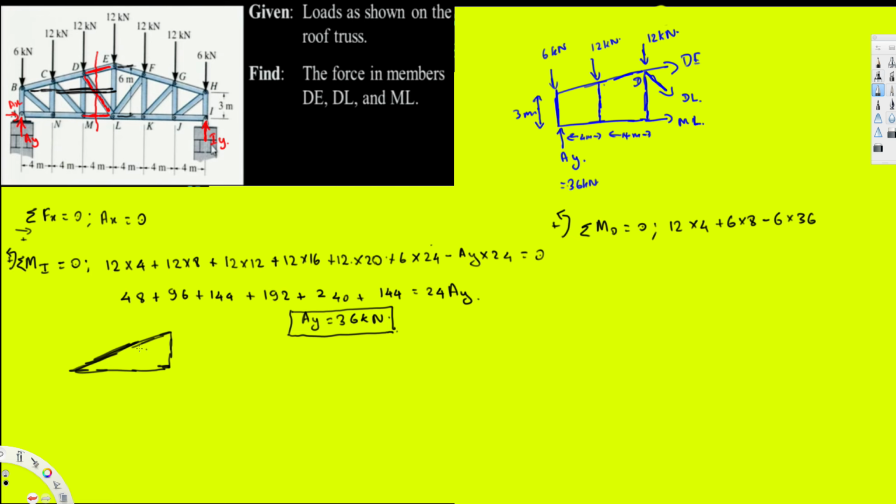I'm taking the top triangle, so this is going to be 3, right? This is the distance we are trying to find, and we know everything is 4 meter distance.